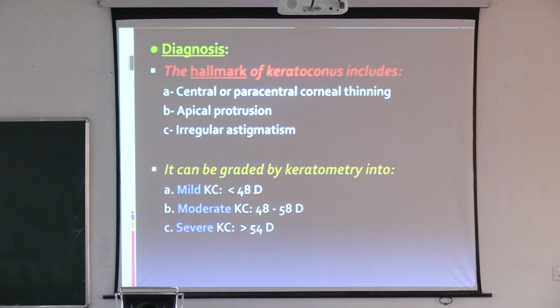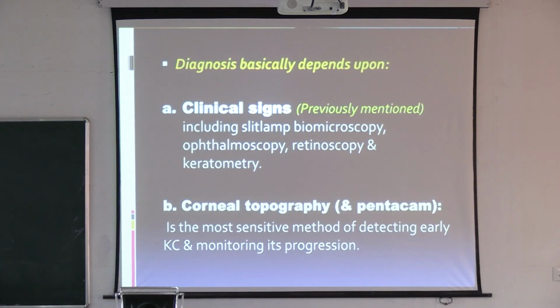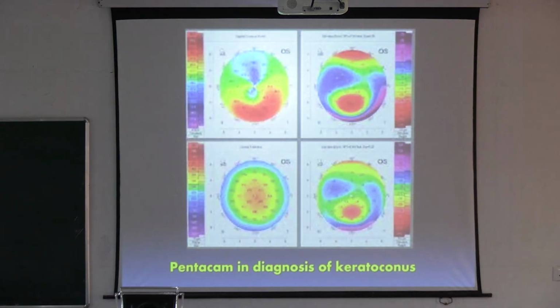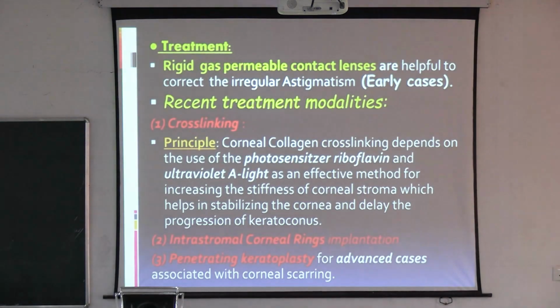If the keratometry reading is less than 48 diopters, it is called mild. If between 48 and 54, it is called moderate, and if more than 54, it is severe. Then diagnosis is also made by clinical signs, corneal topography and pentacam. This is the pentacam.